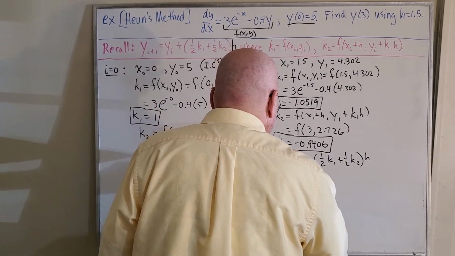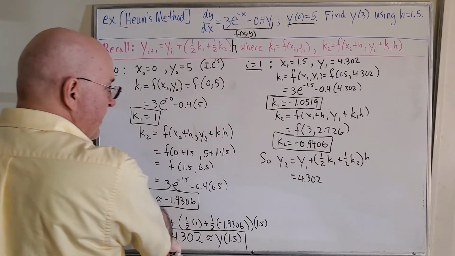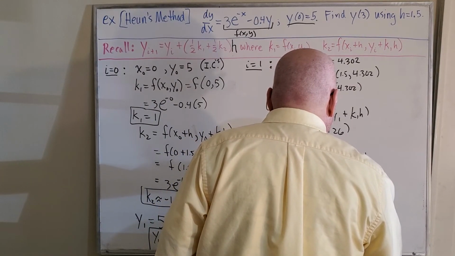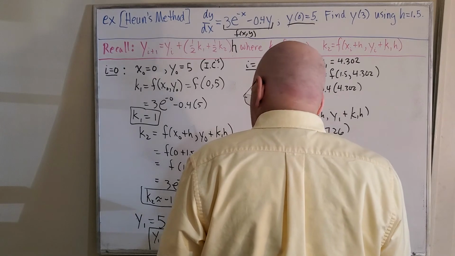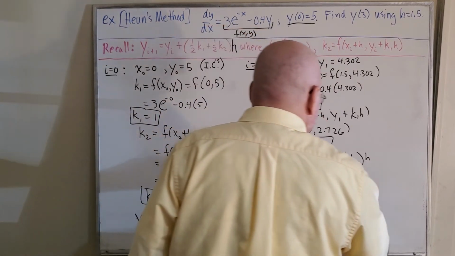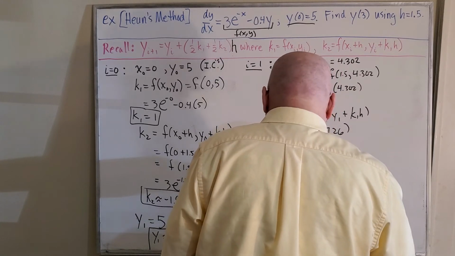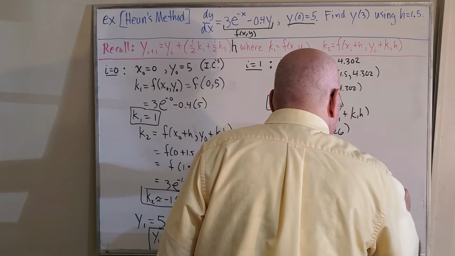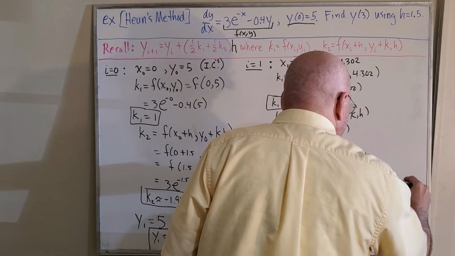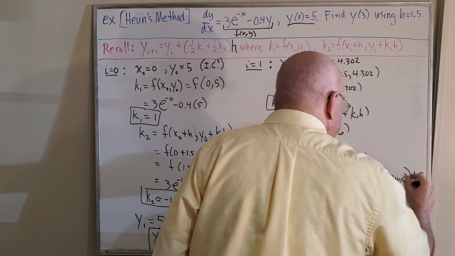That's equal to 4.302, that was our y1 we computed, plus 1/2 of k1, which was negative 1.0519, plus 1/2 of negative 0.9406, and close parentheses, times 1.5, which is h.